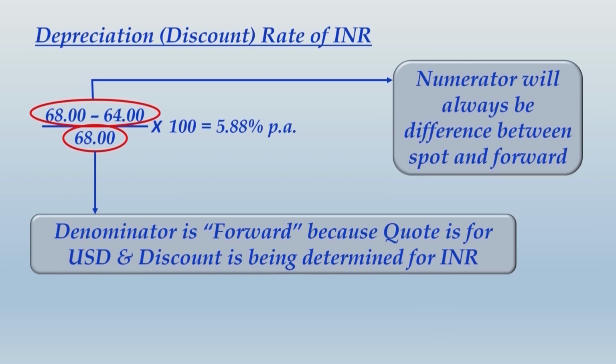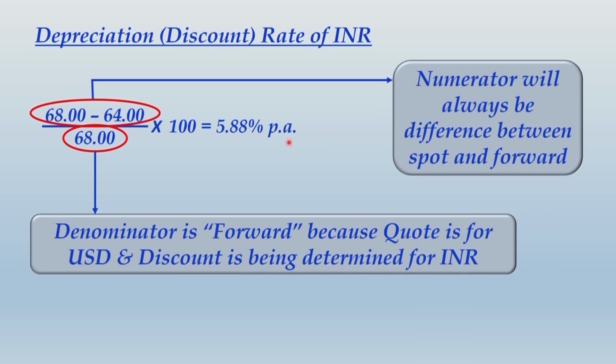Now in this whole example, the forward contract was given as 1 year forward, right? If it is not 1 year forward but a different period, you will have to make a time adjustment, because when you are computing this premium and discount rate, notice one thing: it is always to be mentioned on a per annum basis.